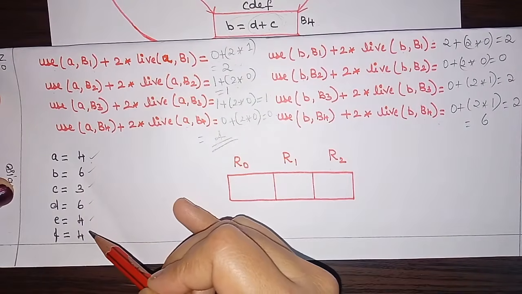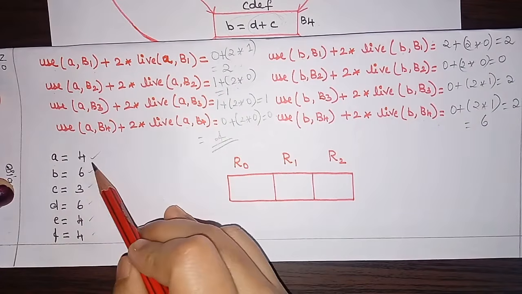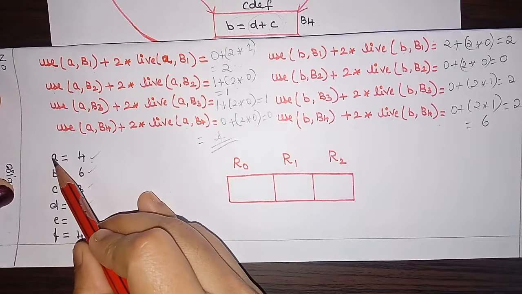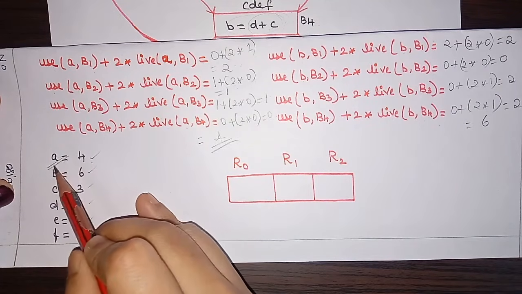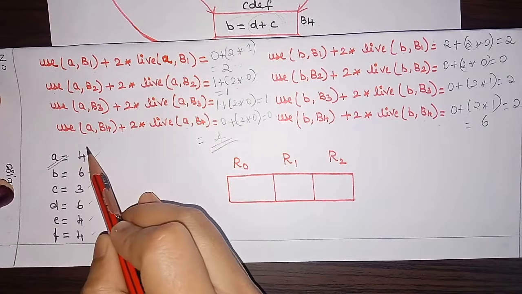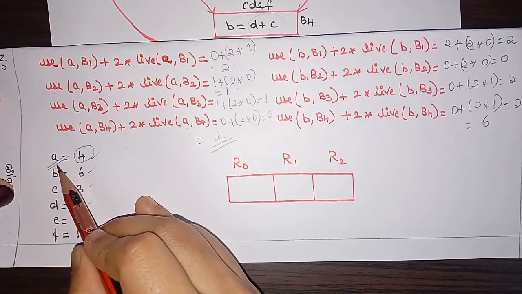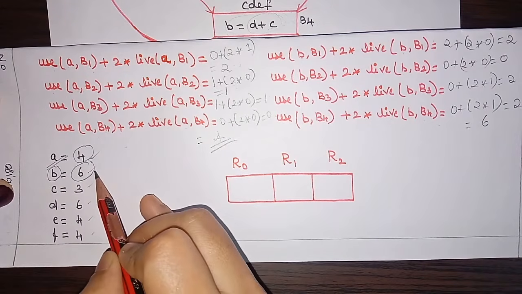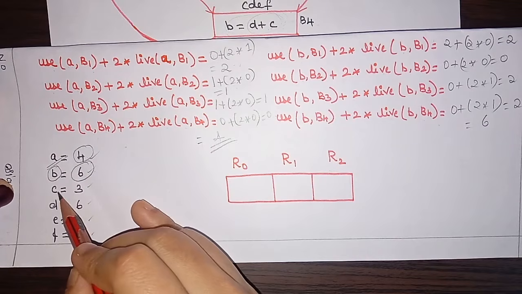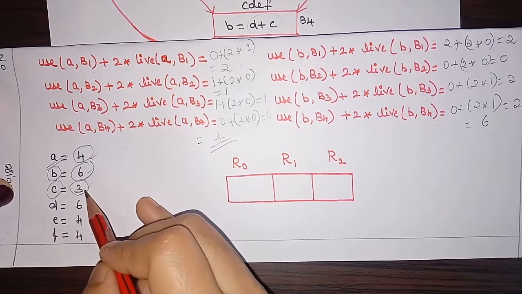These costs are nothing but the savings we get when we use these variables, that is, when we allocate variable A to a register, then we can save a cost of 4, and when we allocate the variable b to a register, then we can save a cost of 6. Likewise, when we allocate the variable c to a register, then we can save a cost of 3.